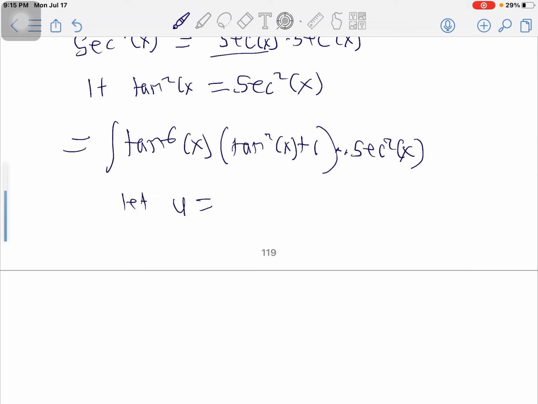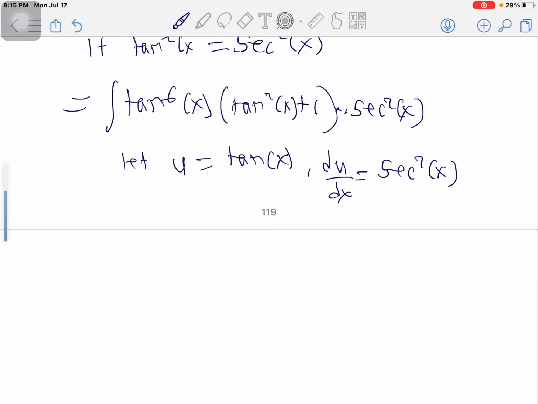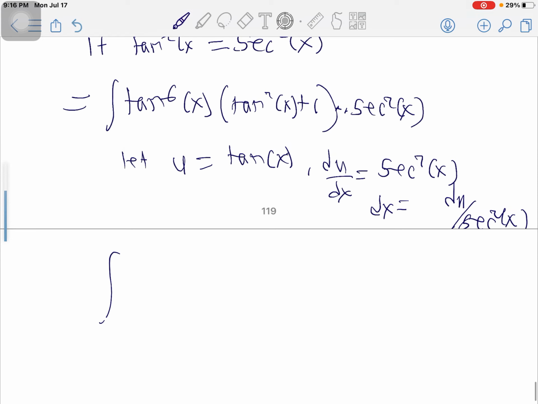Now we can say let u equal tan x, and therefore du dx is equal to sec square of x. Making dx the subject, we get dx equal to du over sec square of x.